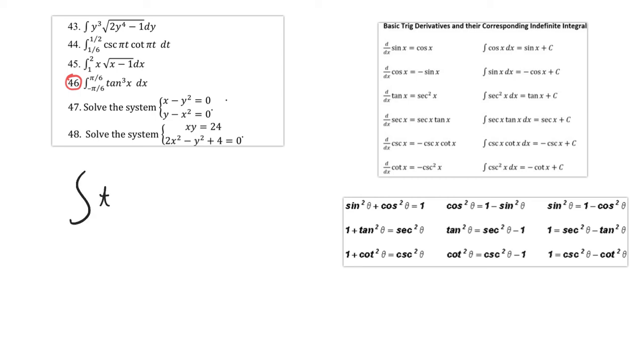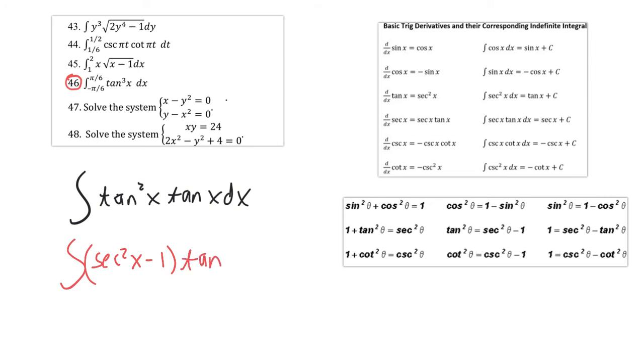Truth is that that whole thing could be rewritten as this. And tan squared x could be rewritten as secant squared x minus 1. So I'm going to go ahead and do that. That is secant squared x minus 1 times tan x.